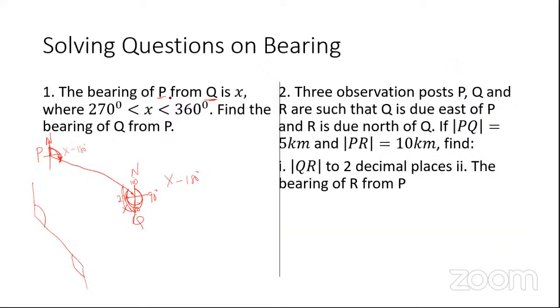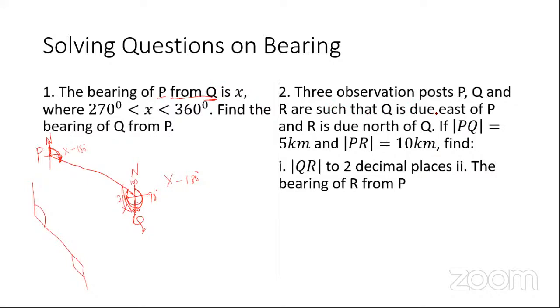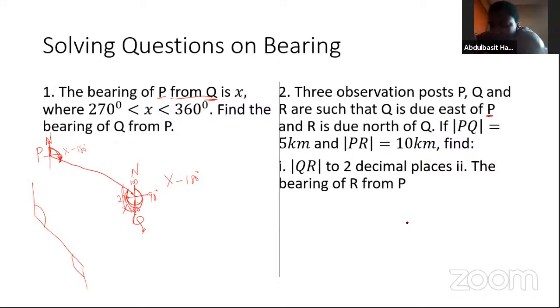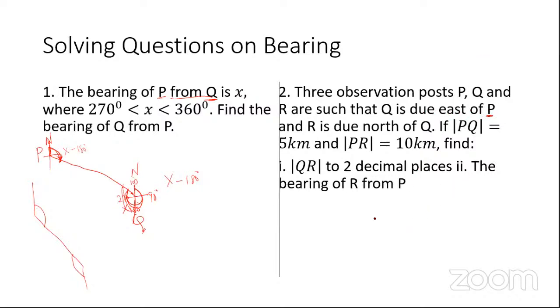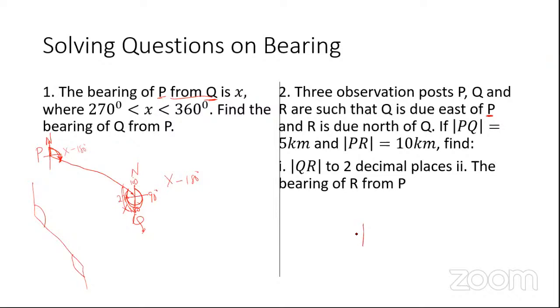That was why we started from Q. Sometimes we don't have from, but what we have there is of. Such that Q is due east of P. The first thing you are going to do is get your P. Let's put P around the middle here. Let's say this is P.